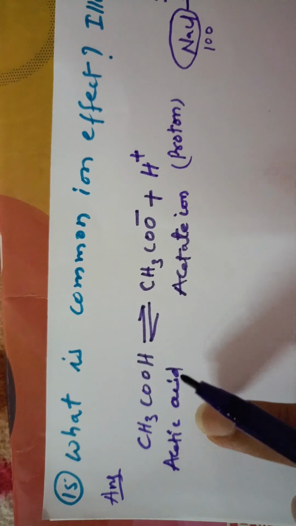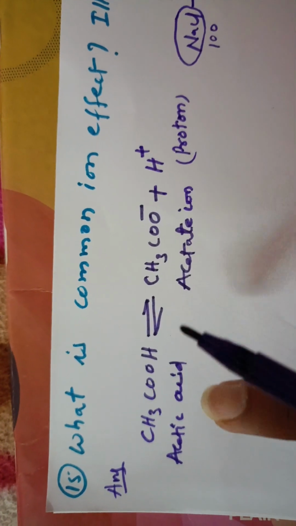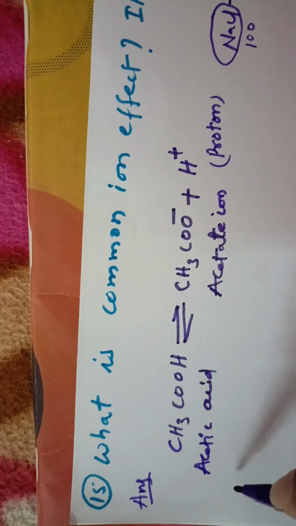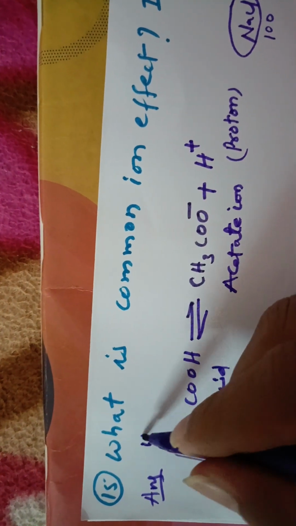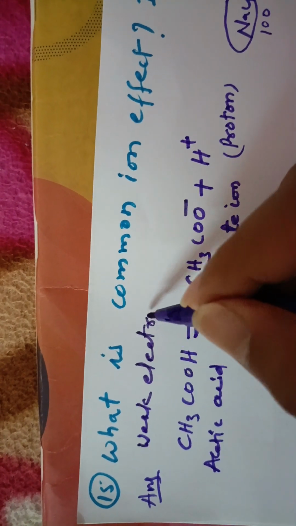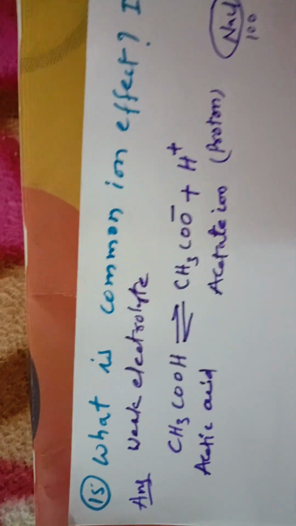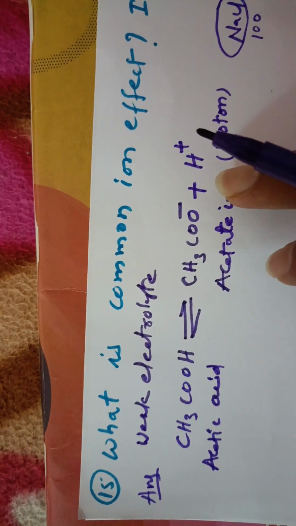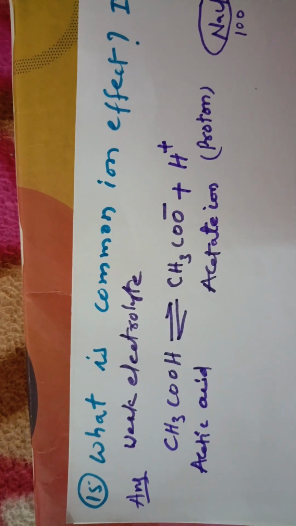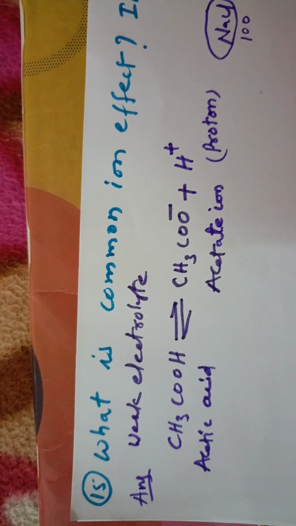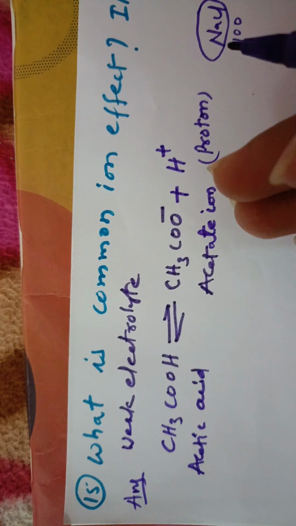Suppose you take acetic acid, which is a weak electrolyte. That means it dissociates into ions to a very small extent; only some molecules dissociate into ions.